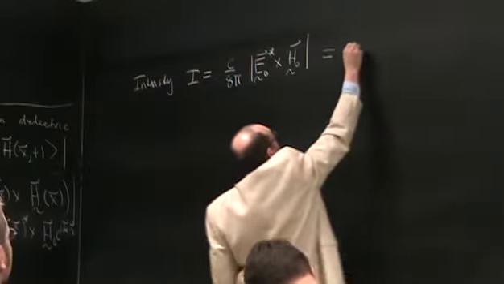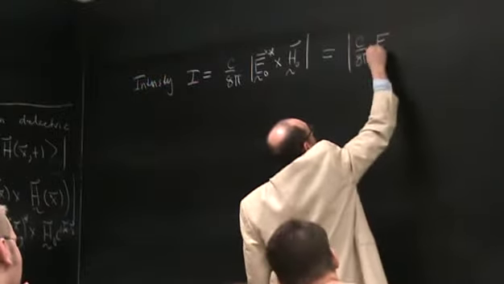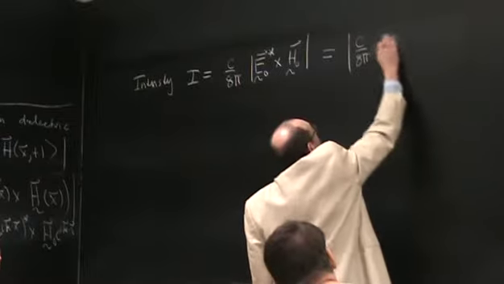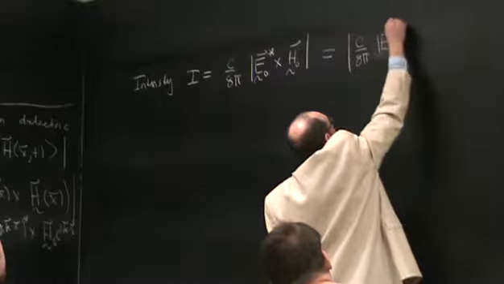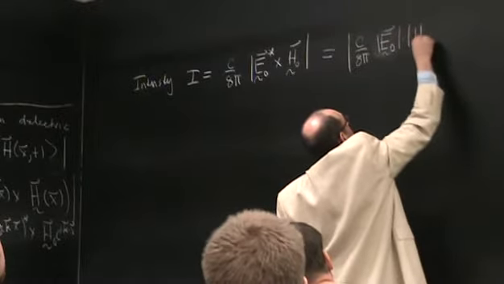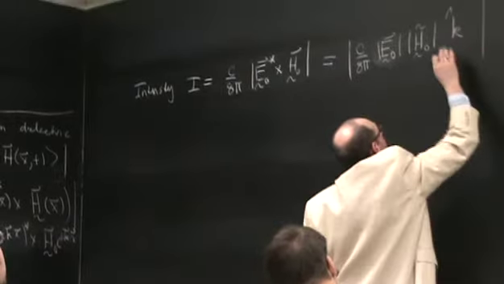Which is equal to c over 8 pi, the magnitude of E0 times H0, because they are perpendicular to one another, in the k-hat direction.